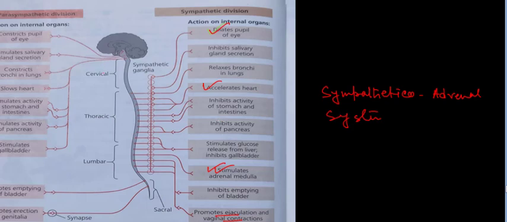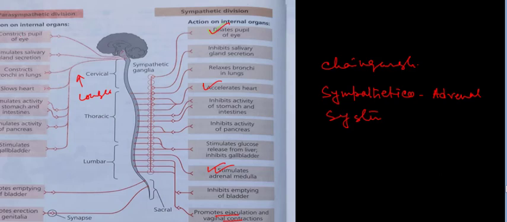Next, the parasympathetic division. Here you can see there is no development of the chain ganglion. The chain ganglion is developed in the sympathetic system, but in the parasympathetic system no chain ganglion is developed. The preganglionic neurons are longer and the postganglionic neurons are shorter.